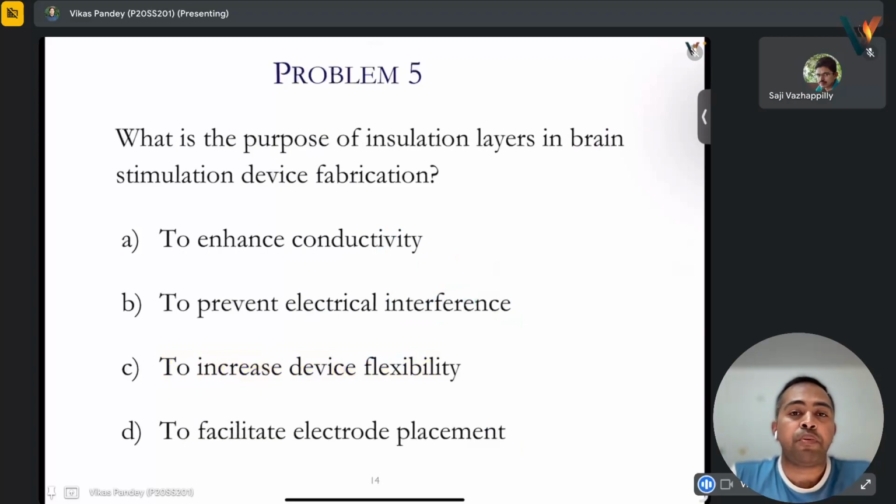What is the purpose of the insulation layer in brain stimulating device fabrication? Is it to enhance conductivity, to prevent electrical interference, to increase device flexibility, or to facilitate electrode placement? To prevent electrical interference. We want the stimulation to happen only at the precise point where we want it, nowhere else.